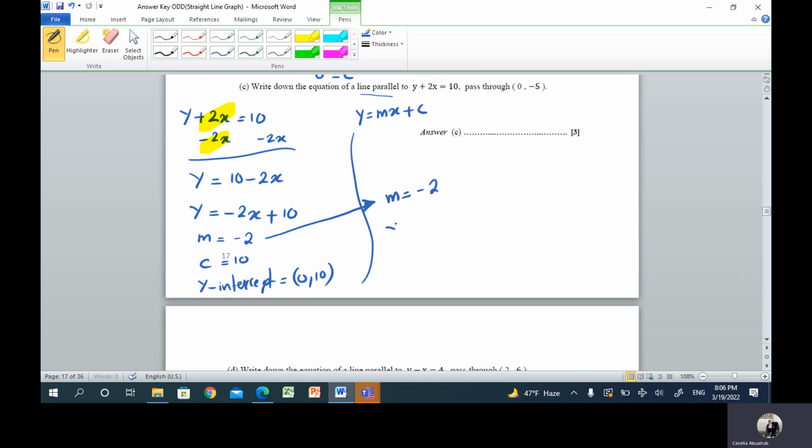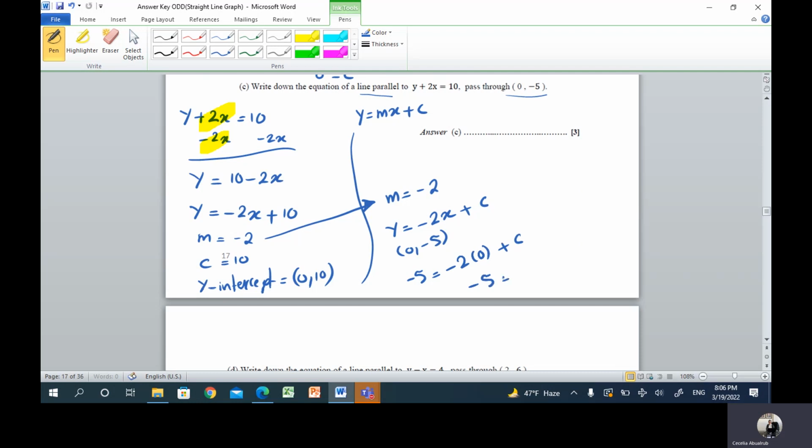So I know now half of the equation, which is minus 2x plus c, and since it's passing through 0, negative 5, I'm going to substitute y as negative 5 and x as 0.